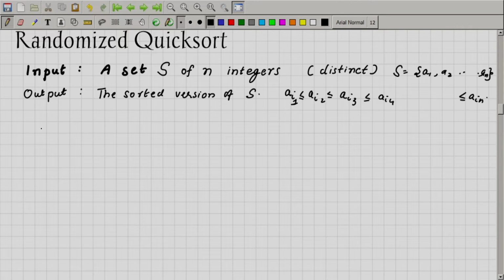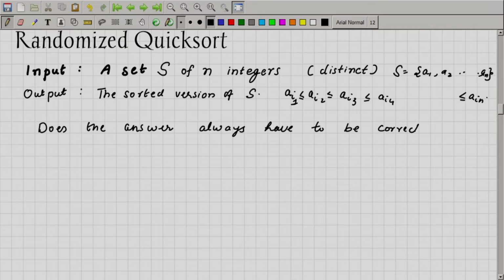So, let me just ask the following questions. Does the answer always have to be correct? This is a requirement. Second, if the answer to this is no, then is it that for all but a few inputs the algorithm works correctly?